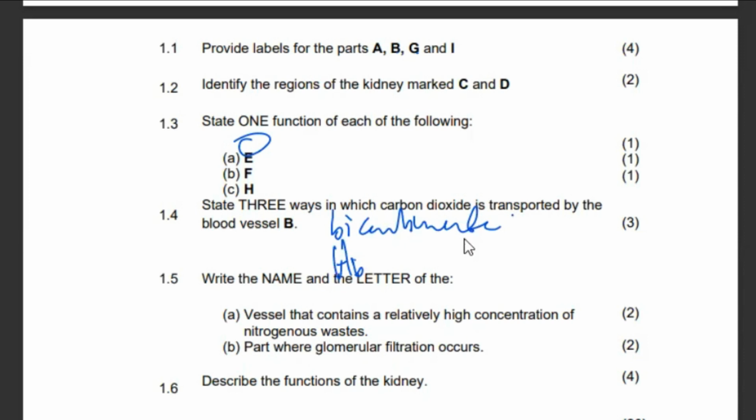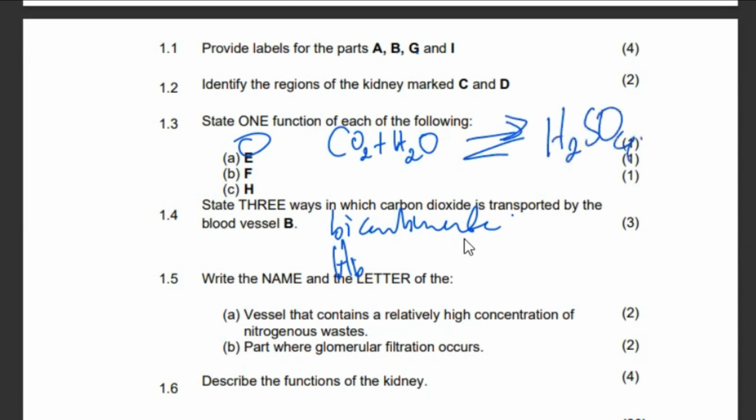Remember, when carbon dioxide reacts with water, it forms carbonic acid. This is slightly soluble, so it is being transported.